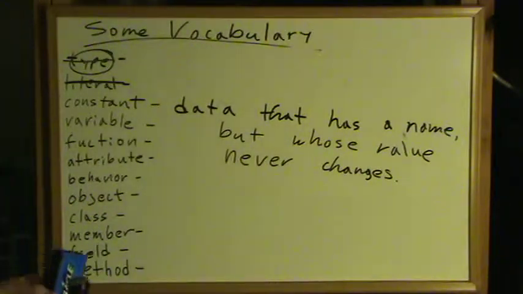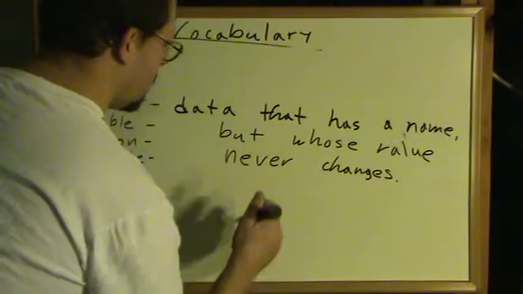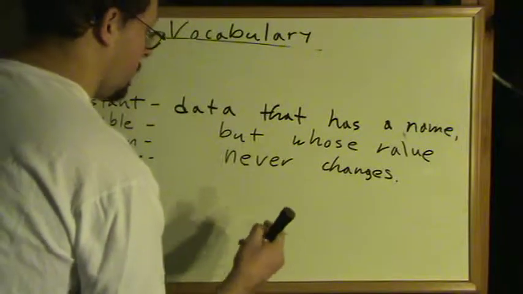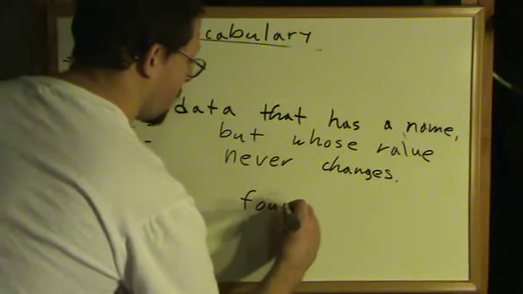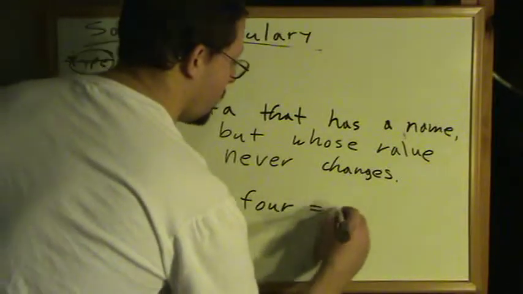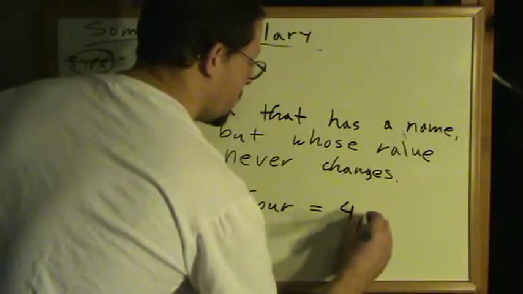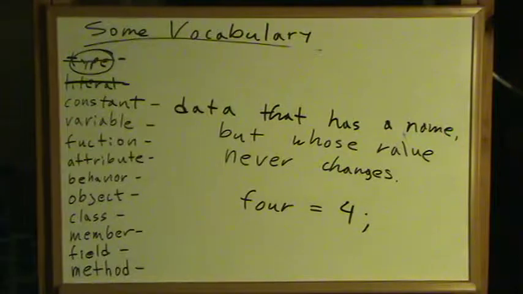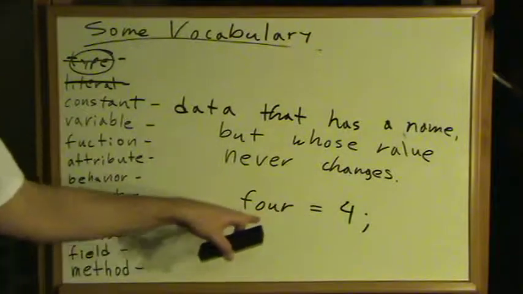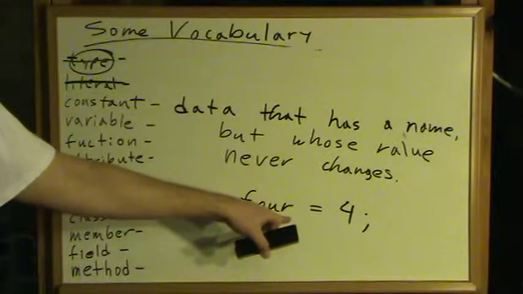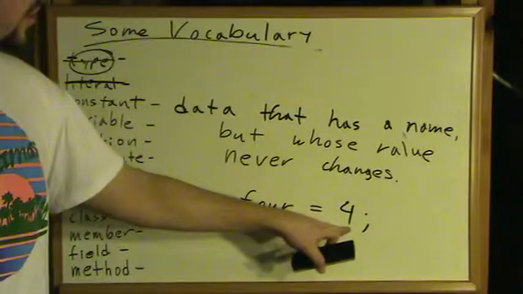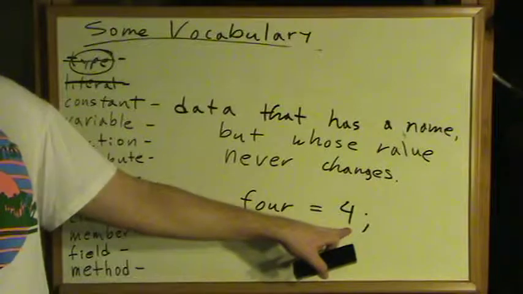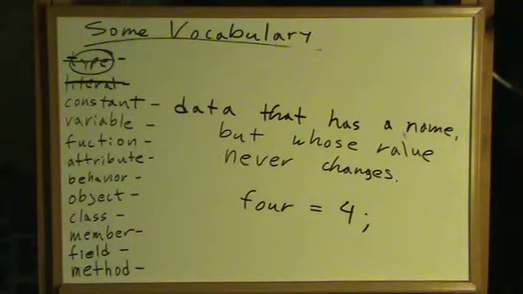Okay? So we can actually declare a constant called four, and say four equals the number 4. Now, every time in my program I use the word four, Visual Studio will know that I really mean the number 4. Okay?